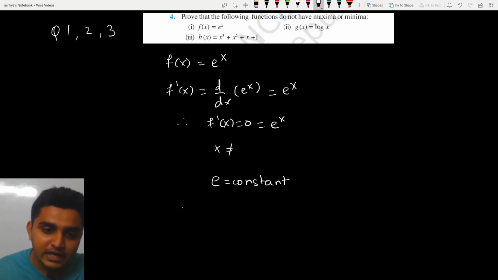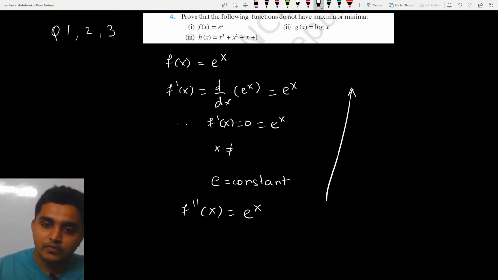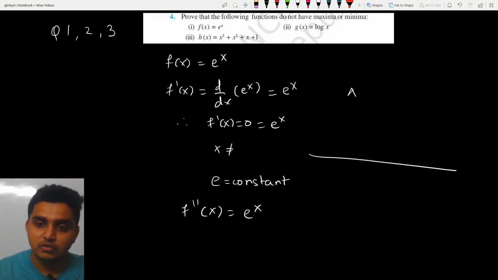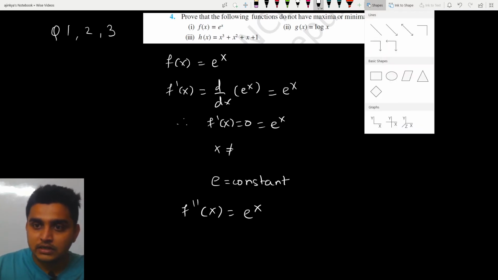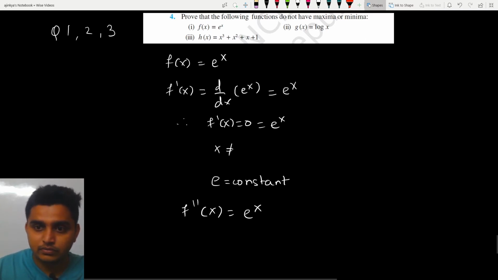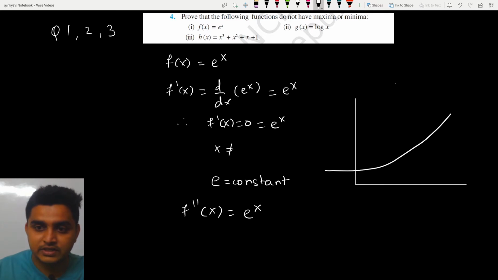So even if we take f double dash of x, the second derivative, we again have e raised to x. Let us draw the graph of the function, e raised to x. It is an exponential function, right?